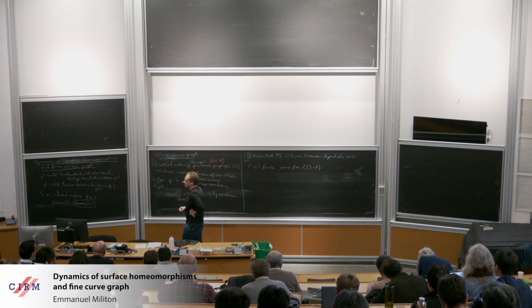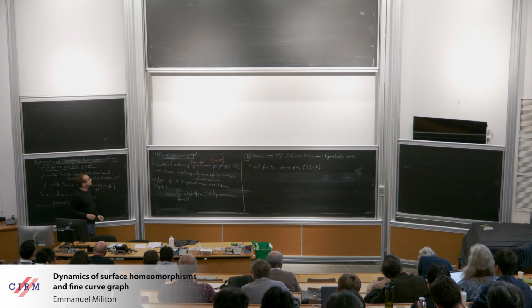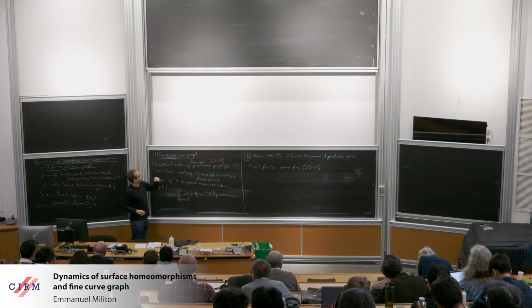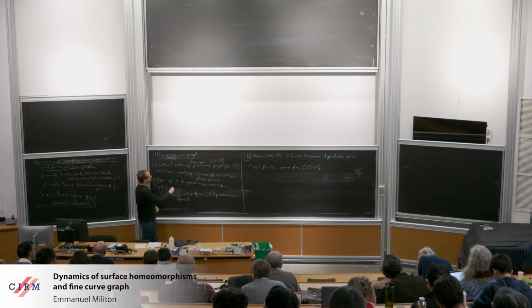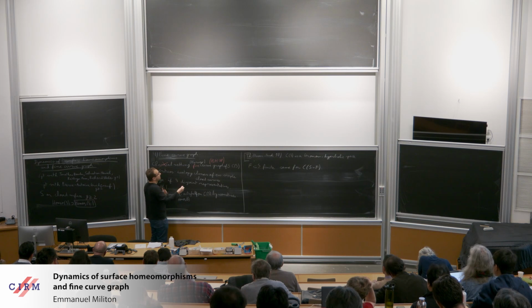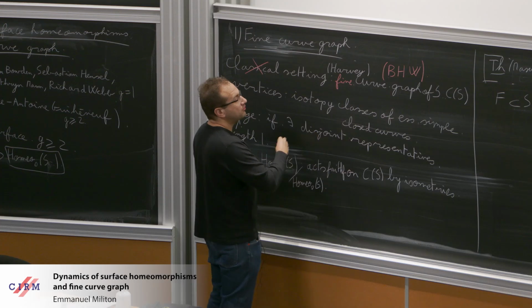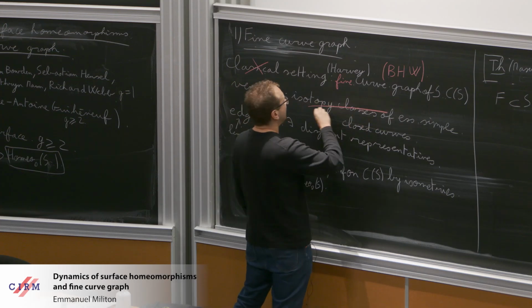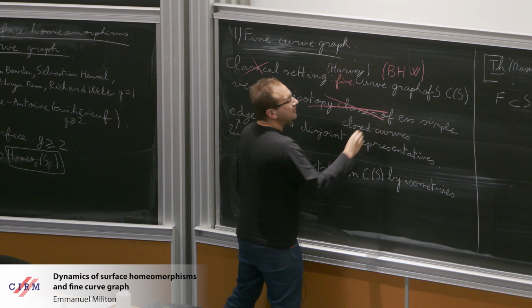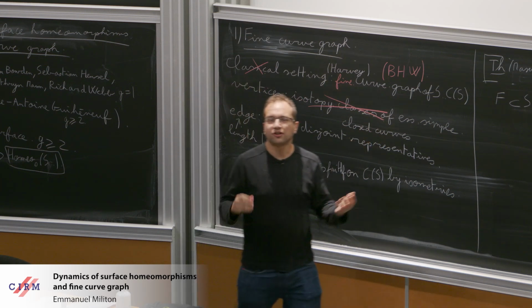In a sense, it's a graph which is easier to define, but it will be much bigger than the curve graph of S, because we don't take isotopic classes of essential simple closed curves. We just take as vertices any essential simple closed curve.